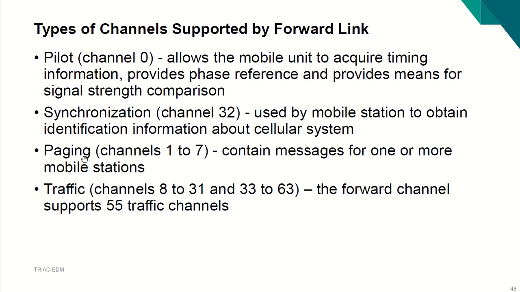And paging channels 1 to 7 contain messages for one or more mobile stations. And traffic channels 8 to 31 and 33 to 63. The forward channel supports 55 traffic channels.